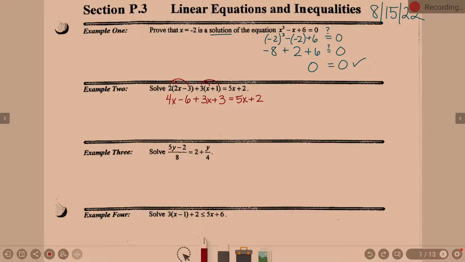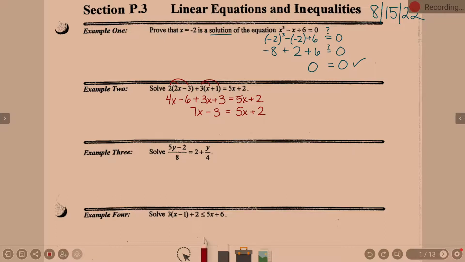After you distribute, what should we do next? Yeah, combine like terms. I would start on the left. 4x and 3x is going to be 7x, minus 6 plus 3 is minus 3.